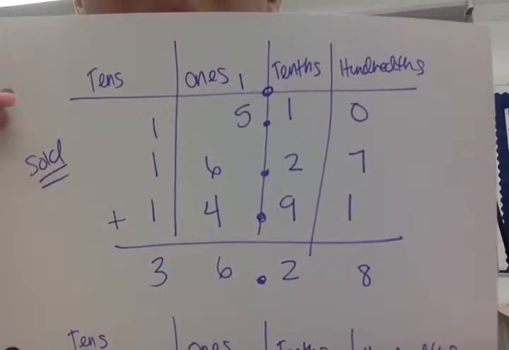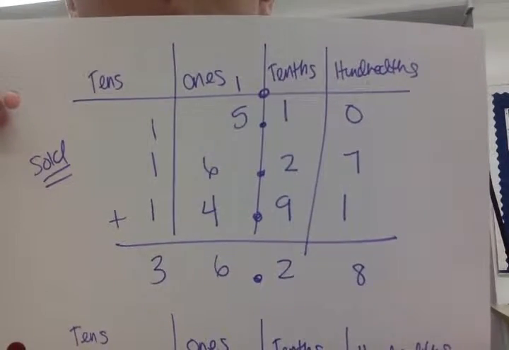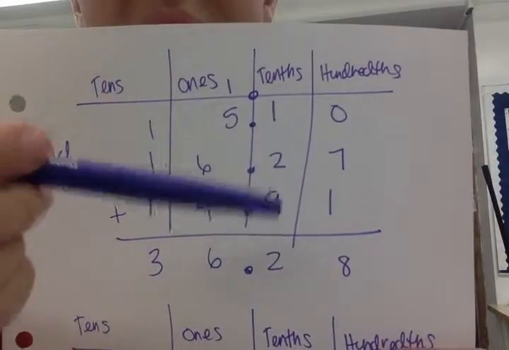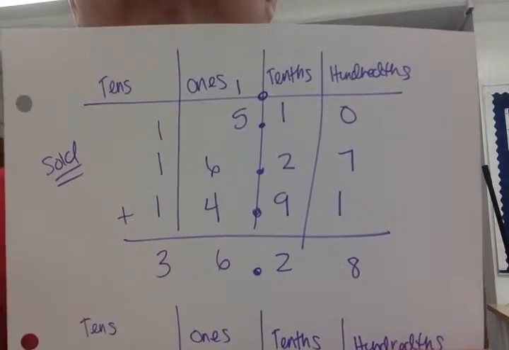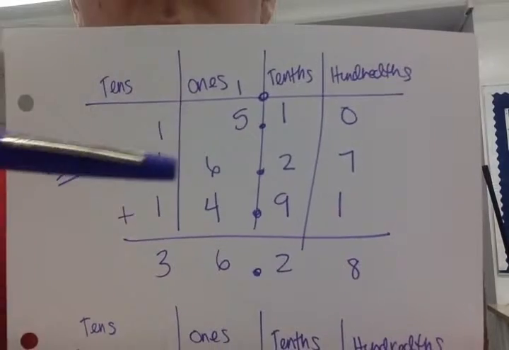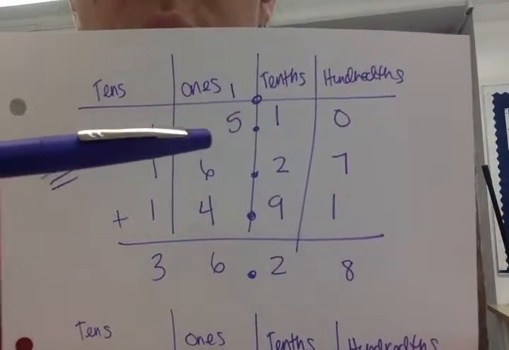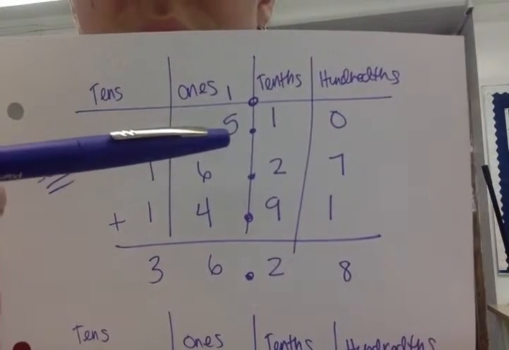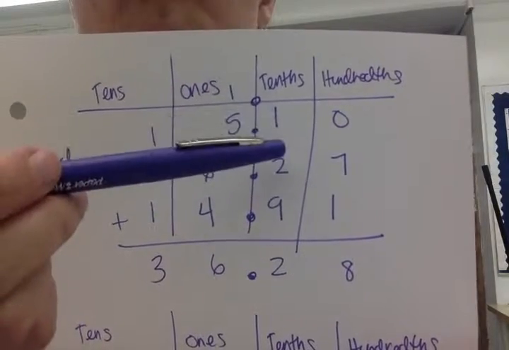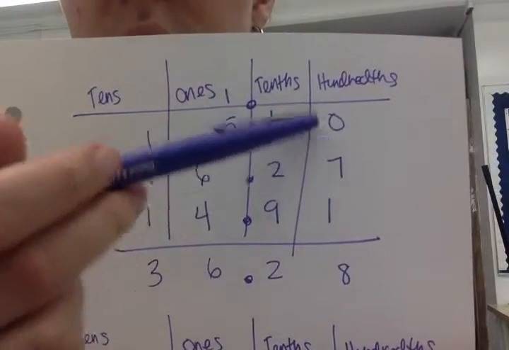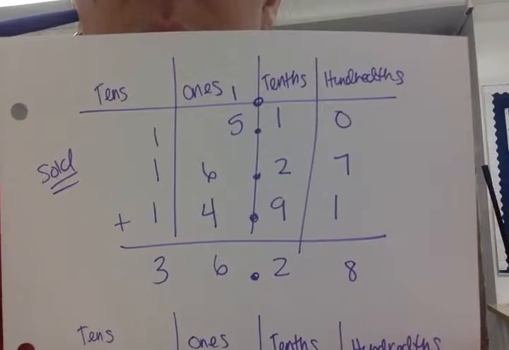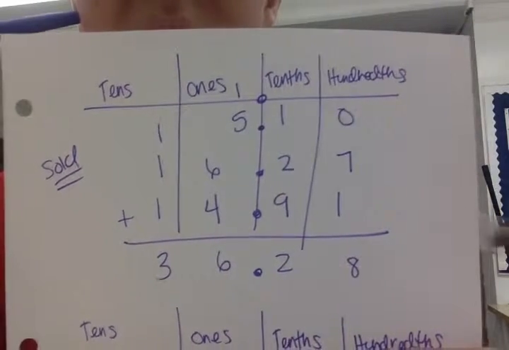I made sure to line up my digits against the decimal point. The decimal point cannot move. So for 5 and 1/10, 5 goes in the ones place, the 1 goes in the tenths place, nothing goes in the hundredths place, so I have to add a 0. Now I'm ready to add.